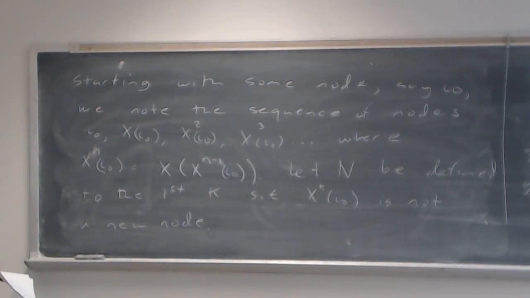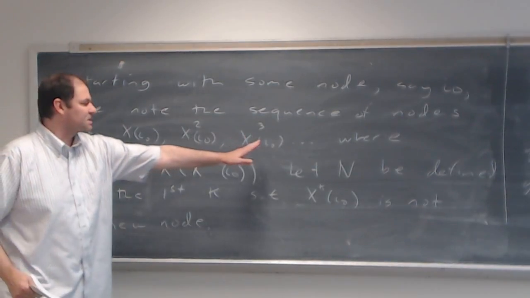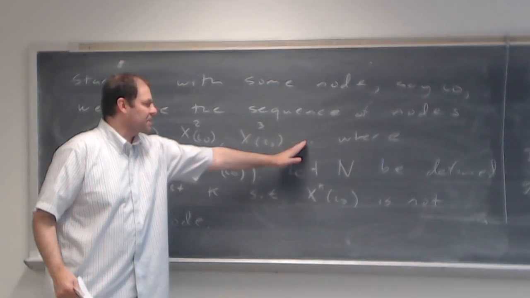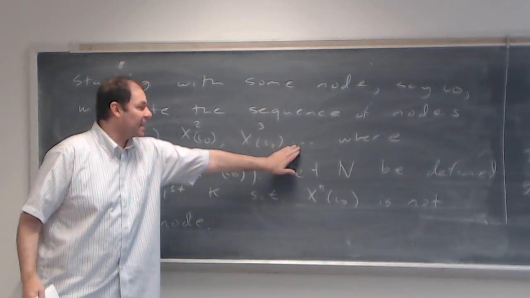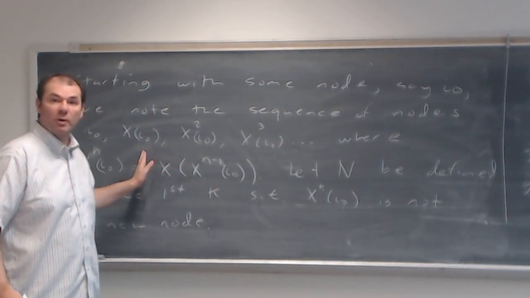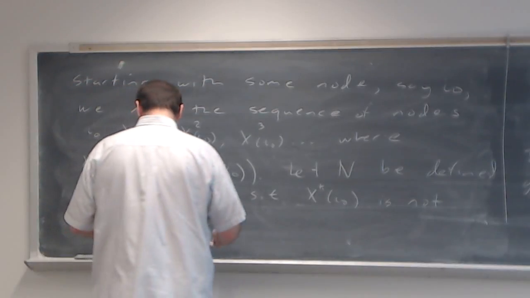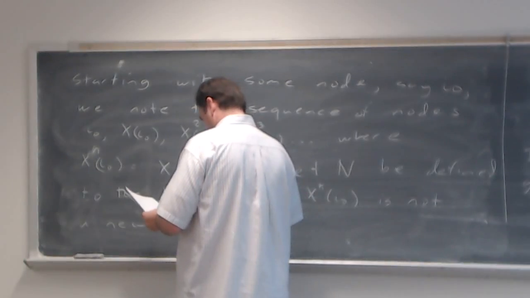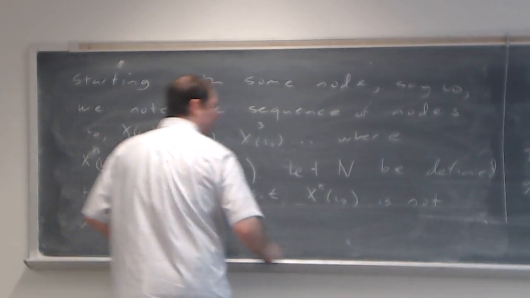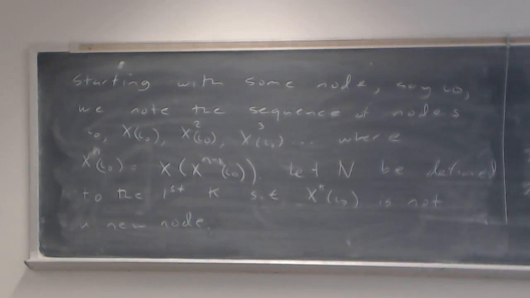So that's the spot in our sequence where whatever node is there has already been repeated. Okay? So we'll look at an example of that for what big N is.